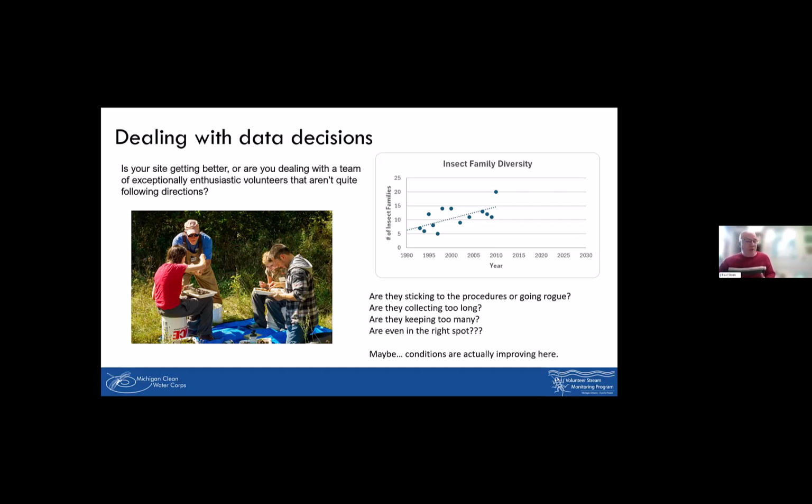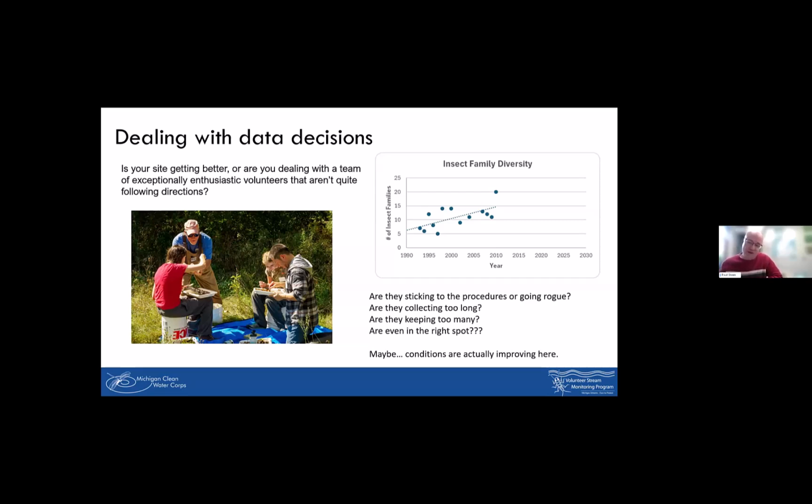So when they come back with an odd result, I have to think about whether this result is valid. Are they even in the right spot? Questions like this are the kinds of things that you have to answer. The smaller your program is and the more you're actively going out with the teams yourself, the less of a problem. But as programs grow, you can't go out with every team, so you have to trust in the training that you give people and your ability to look at the data on the back end.